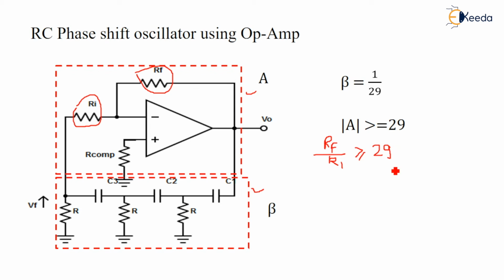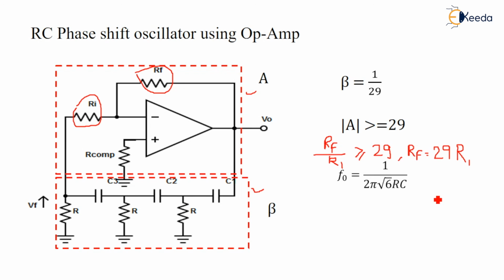That says your RF is equal to 29 times R1. These values of RF and R1 will ensure sustained oscillation. We know for sustained oscillation we have to keep the product of open loop gain and the feedback gain greater than or equal to unity.